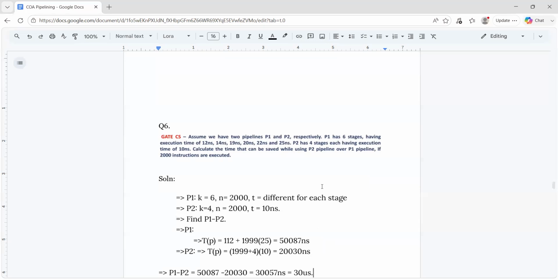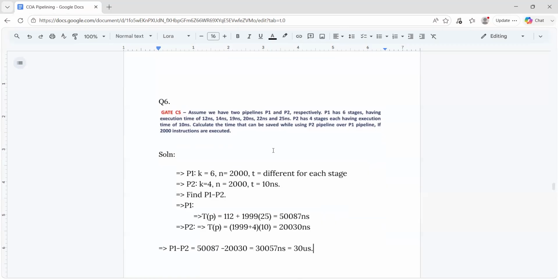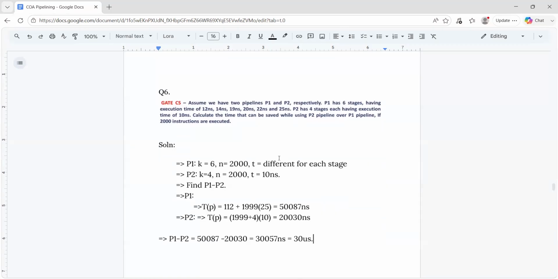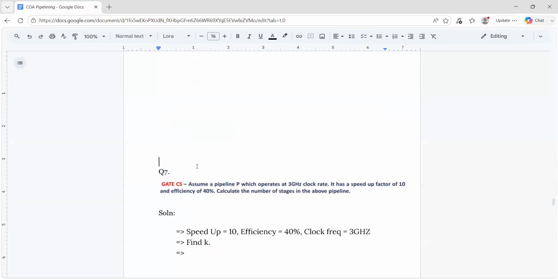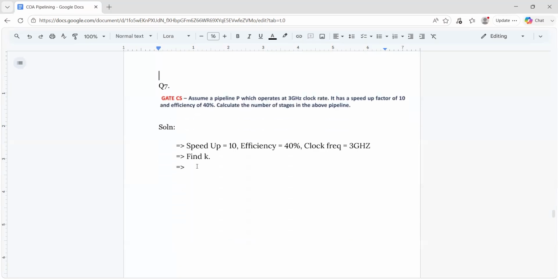So this sum is also somewhat easy to be solved. Like in the questions we saw till now, the questions seem to be big, but the answers seem to be simple.